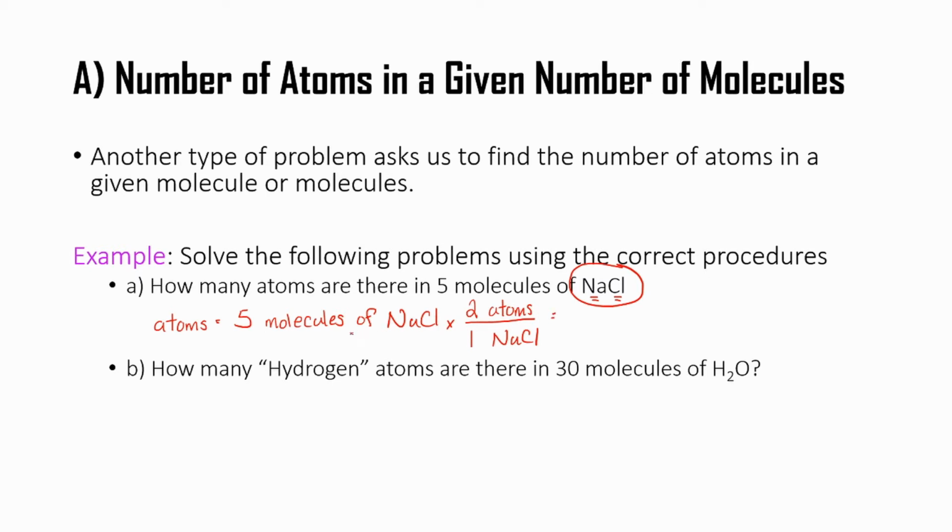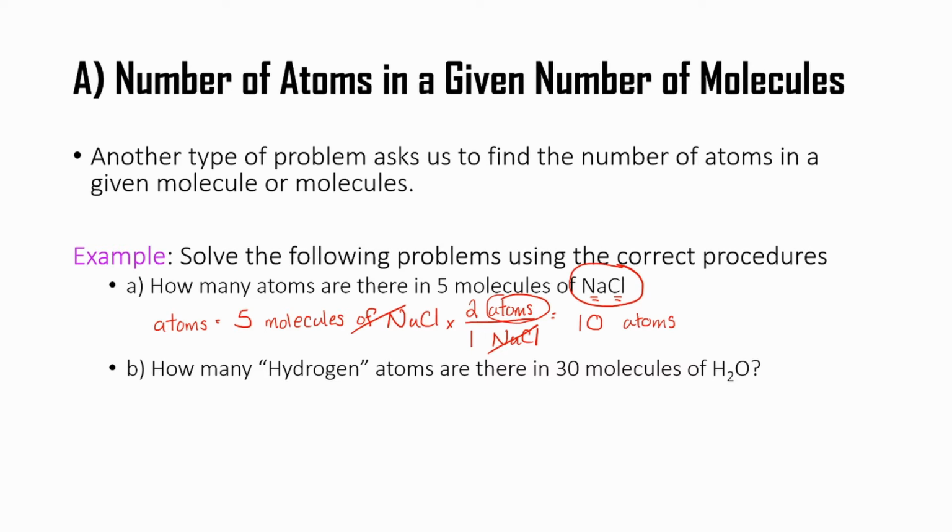And so you're able to cross off the molecules, so you get atoms left as the unit that you're looking for, and then 5 times 2 means I have 10 atoms. This type of problem looks at molecules, and we go deeper into molecules by figuring out how many atoms we have in that molecule.